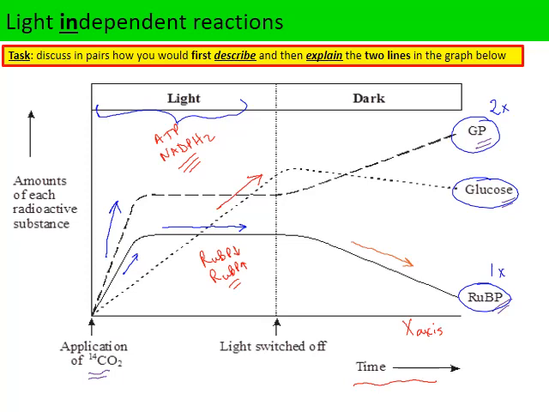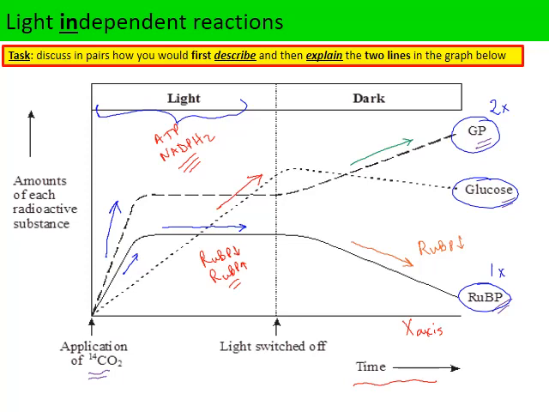So the ribulose bisphosphate is being used up to make the unstable 6-carbon molecule. Now, we know the unstable 6-carbon molecule will split, and when it splits, we know it makes G3P. So the relative level of G3P goes up because that's still being synthesized.